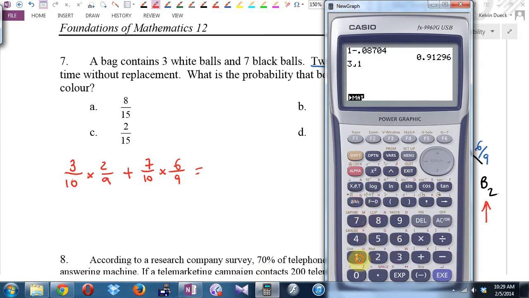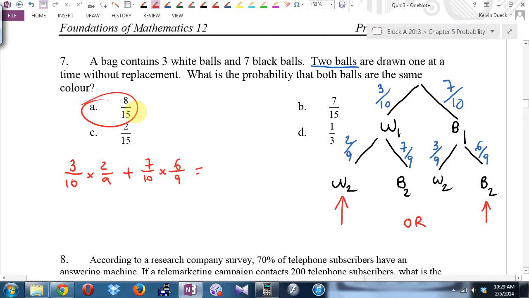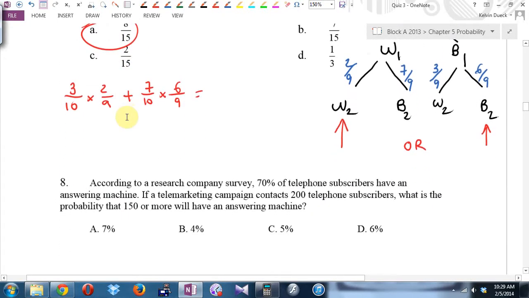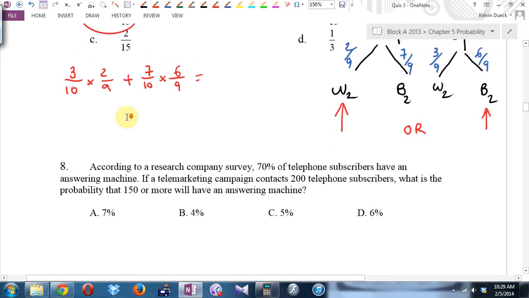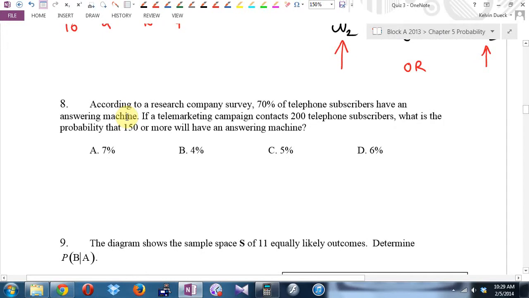Oh, I did a plus. That's a typo. Times, right? You get 8 out of 15? B. Sorry, B.